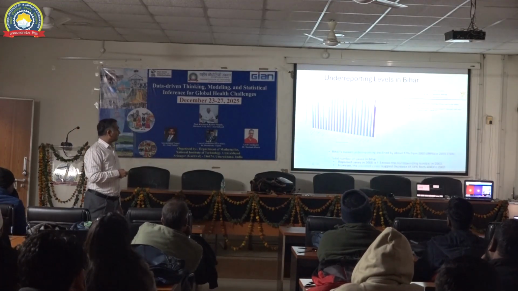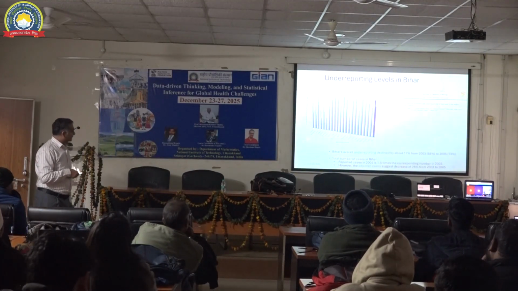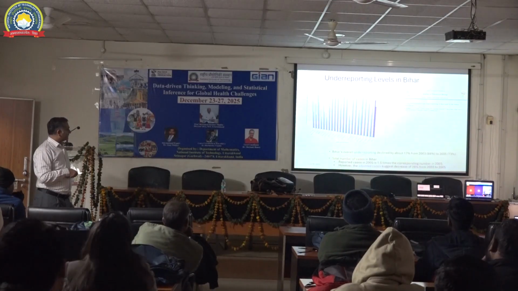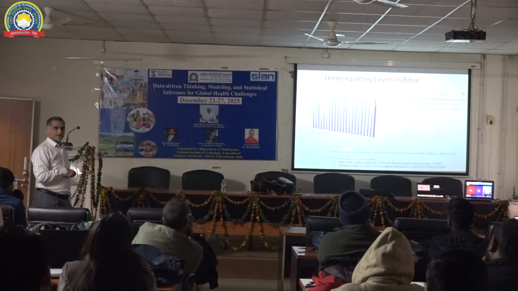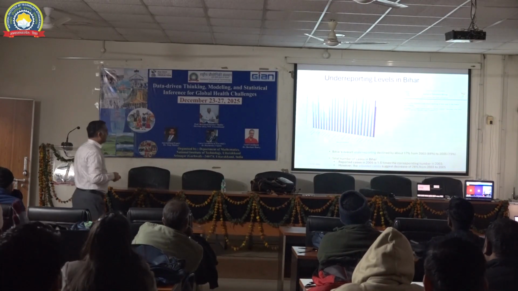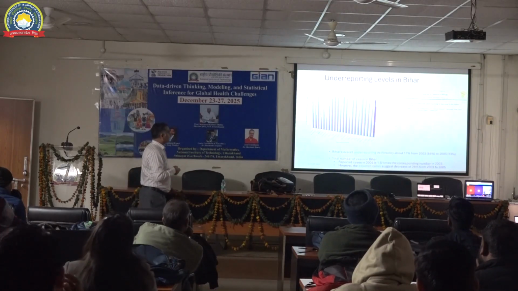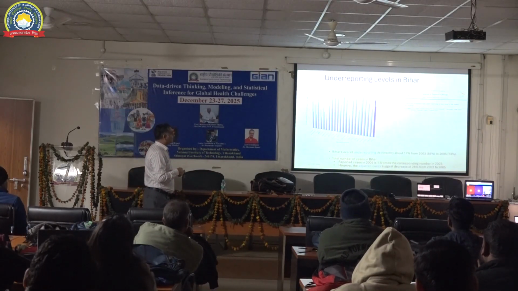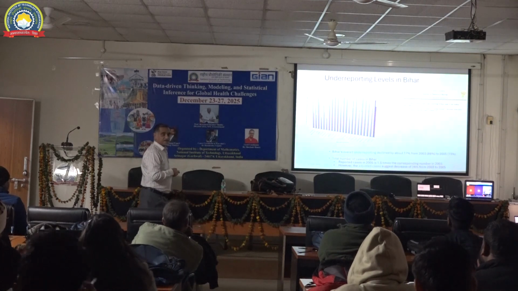So this is a study that was published in 2010, and I don't know if you can see it. This is the districts of Bihar, different districts of Bihar, and this is the proportion of under-reporting for the years 2003 and 2005.